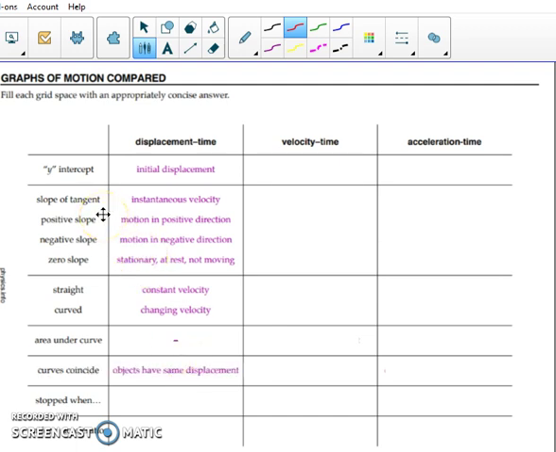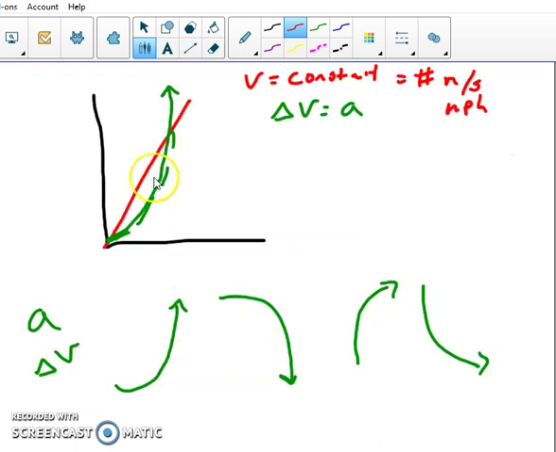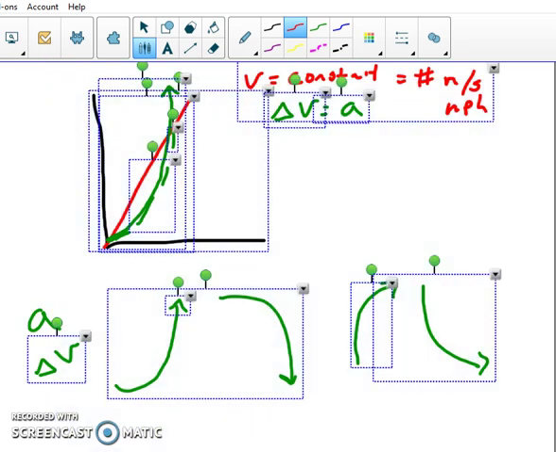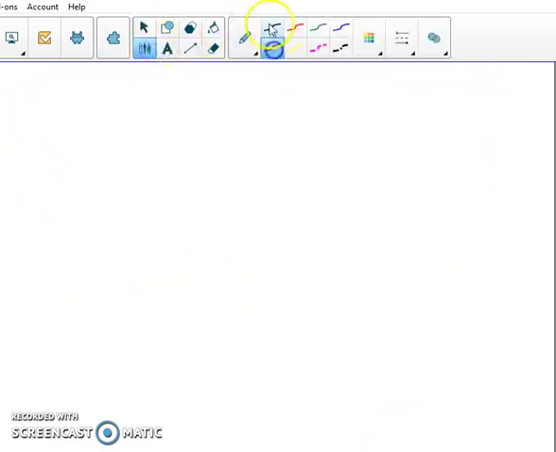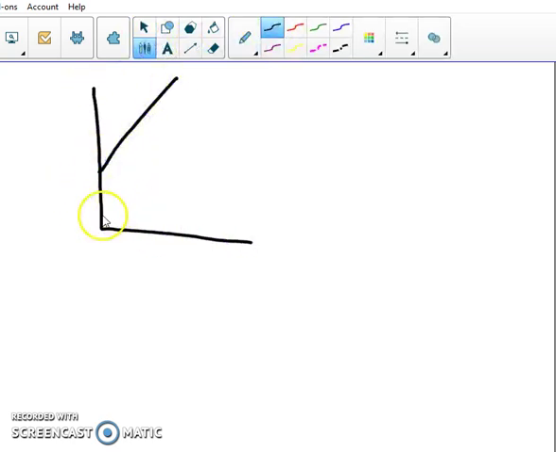Now, curves coincide with objects having the same displacement. So let's look at what that means. If I have two graphs and they have the exact same slopes, well, they have moved the exact same distance over time as each other.